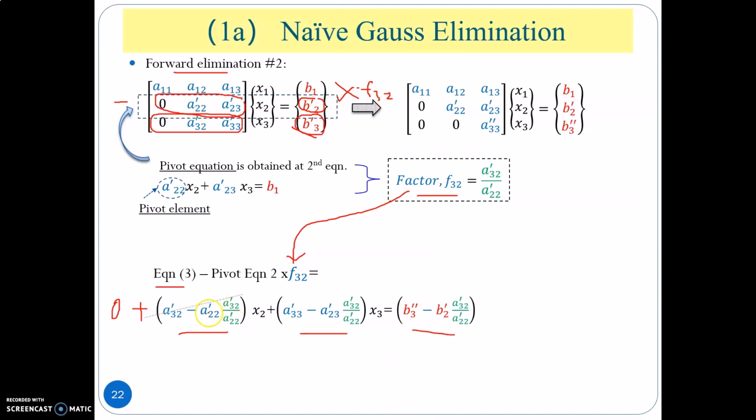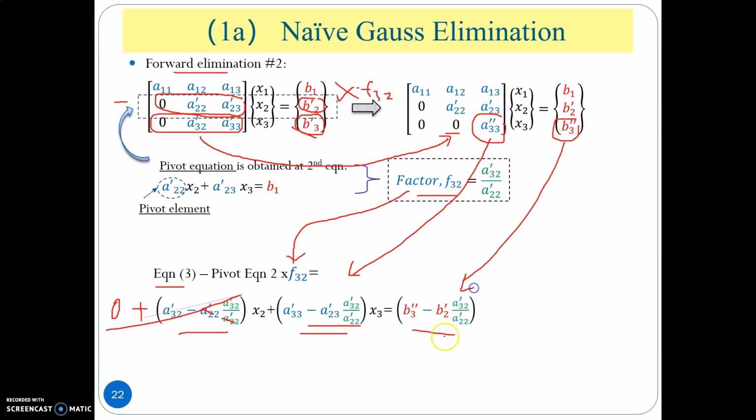So you can see that A32 prime minus A32 prime gives you 0. With that, we succeed in changing A32 prime into 0. A33 double prime is equal to this component, and B3 double prime is equal to this component. The double primes here indicate the changes due to the second forward elimination.